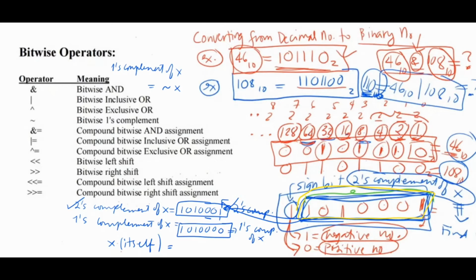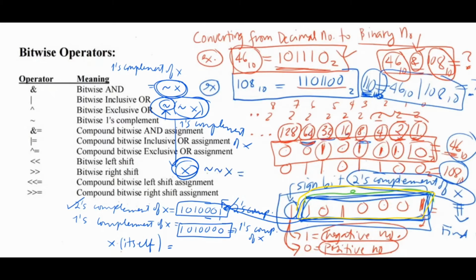So if we perform the bitwise 1's complement, the not operator, on this 1's complement of x, then the value we get is x itself, right? So the not of not x is simply x.